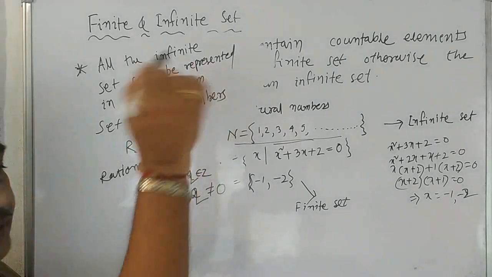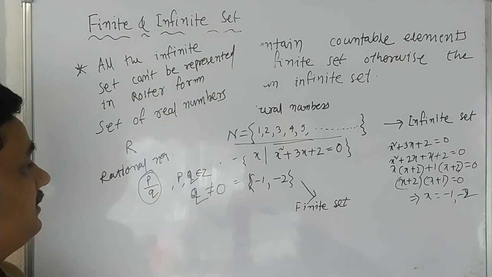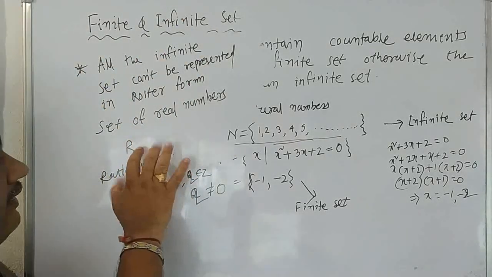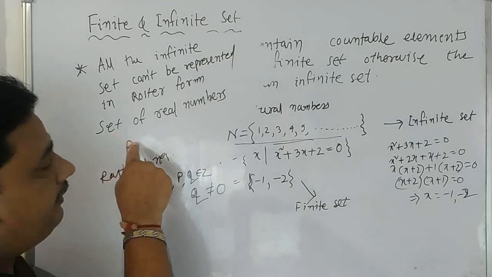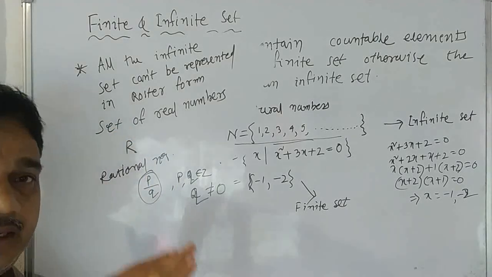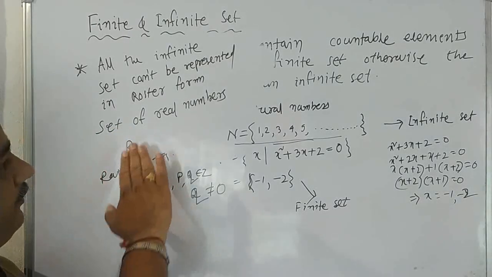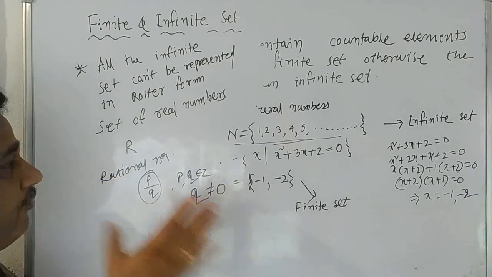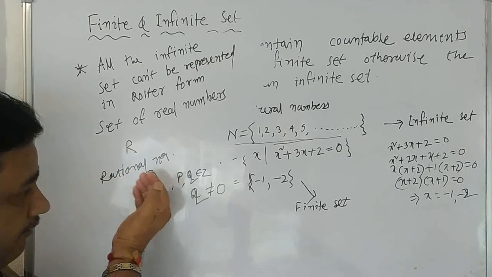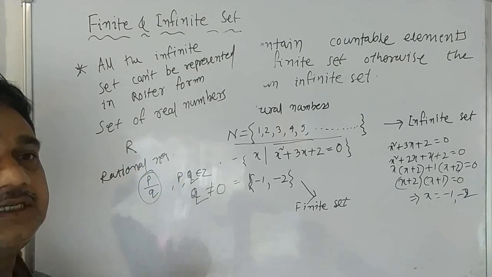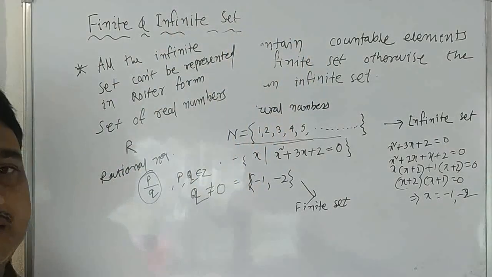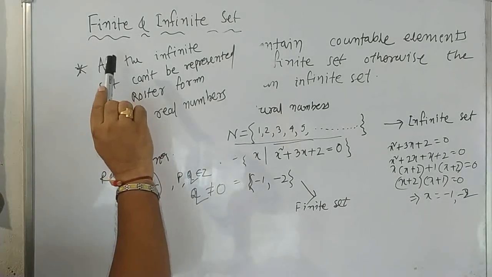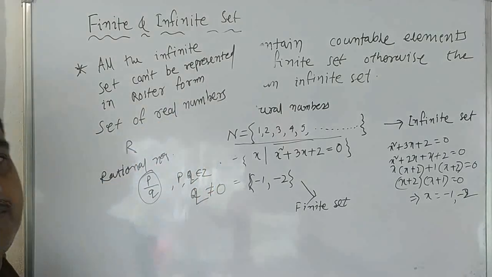You can take any integer, so you will get so many rational numbers. You know about the integers, which is fixed. But when it comes to fractions, you cannot list out all the fractions. Hence this cannot be written in roster form. Understood?